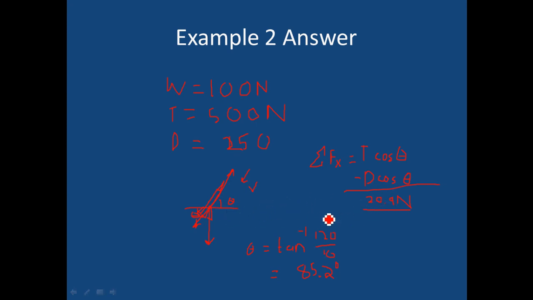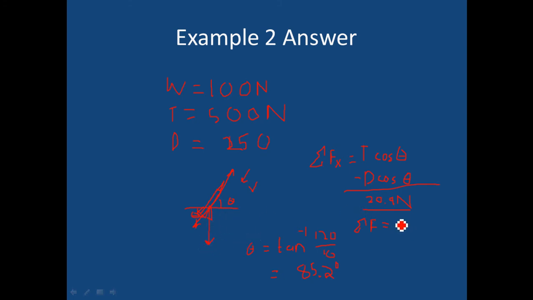Alright, now let's sum forces in the y. Can I erase some of this stuff? I don't know how. I'm new to this. I'll just write small. Sum forces in the y. Obviously, we're going to get contributions from all three vectors. So basically just change the cosine to a sine. Weight is only in the y direction.